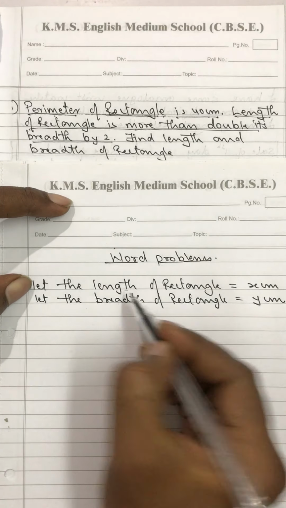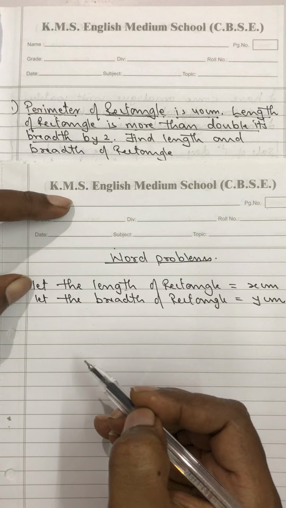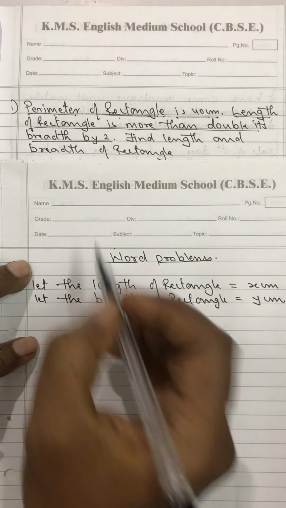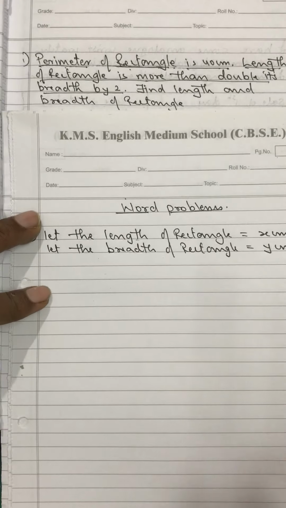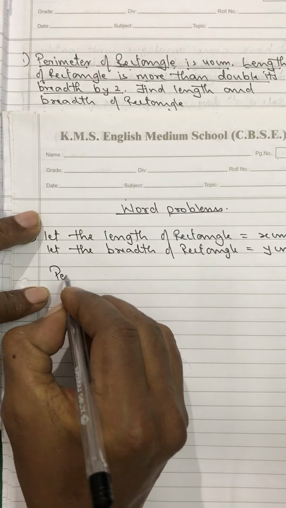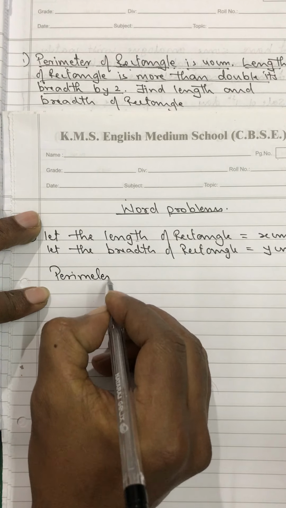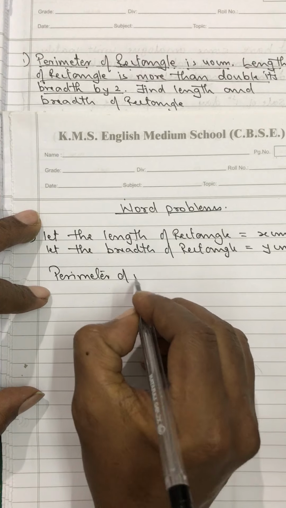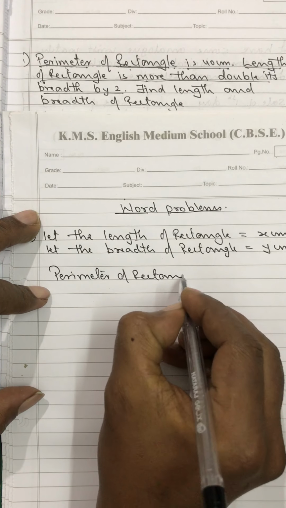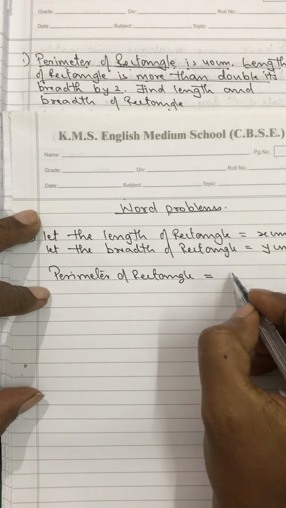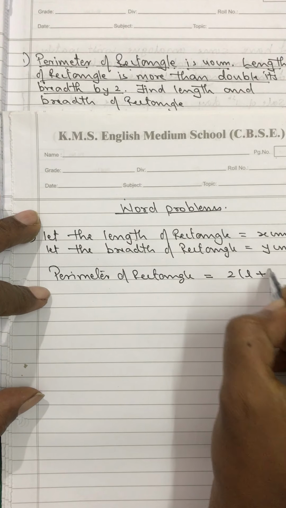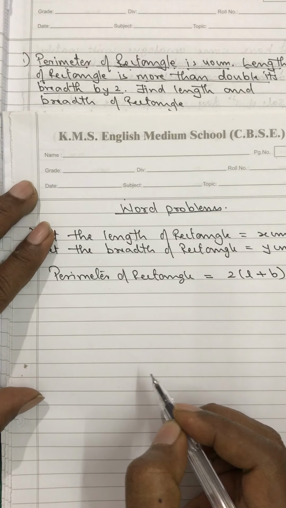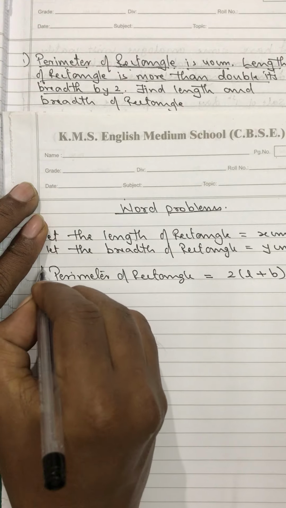So you know now the length is x centimeter, breadth is y centimeter. Perimeter is given as 40 centimeter. Now you know the perimeter of rectangle, you should know the formula of this. What is that? By formula it is 2 into (length plus breadth). This is by formula.